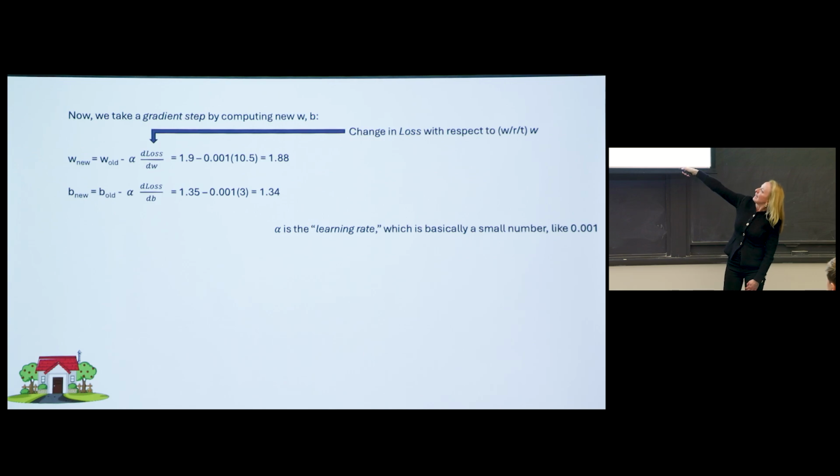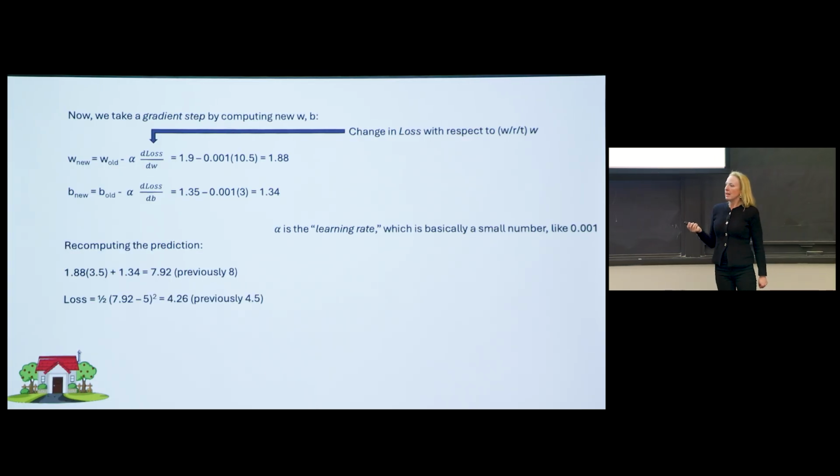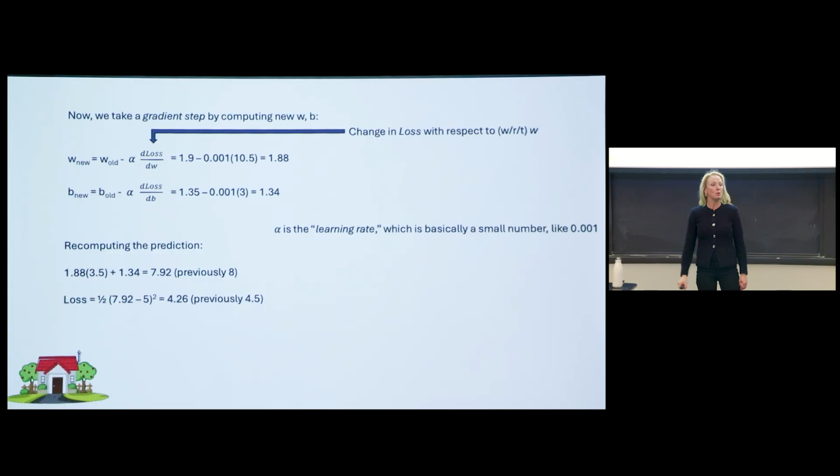I get these updated values for W and B. Then if I go back to this house and plug them in, I'm now predicting 7.92, whereas I previously predicted 8. And my loss, my metric on how badly I'm doing, has gone down from 4.5 to 4.26, so I'm doing a bit better.